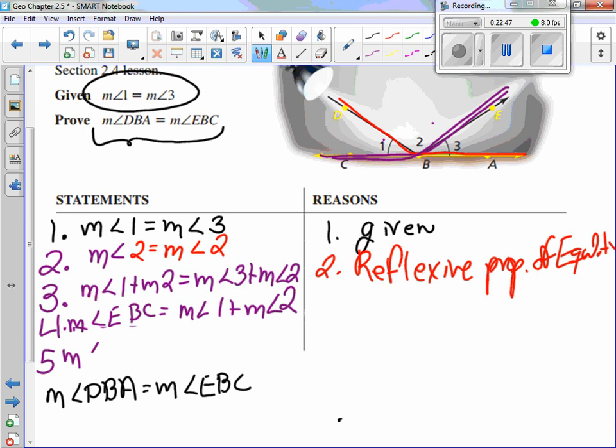Now the measure of angle DBA, the other angle, would be the measure of angle what? DBA. 3 and 2, yes? Any questions on anything we've done so far? Any questions on any of this here?